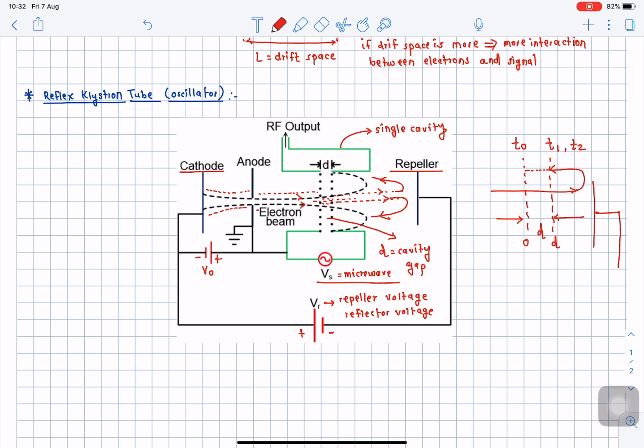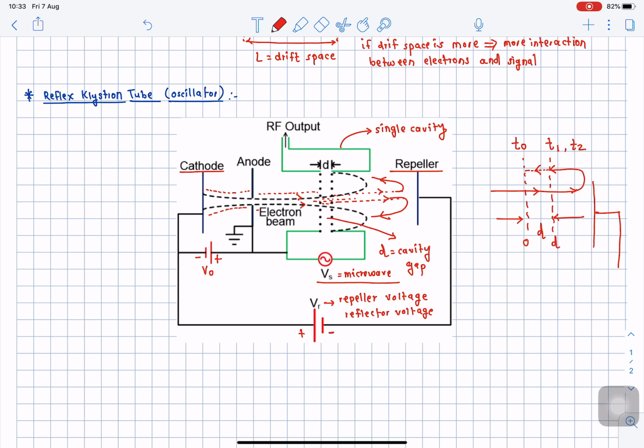So here the forward electrons which are coming in this direction and the repelled electrons which are coming in the opposite direction will start resonating inside this particular cavity. Both the forward going electrons and the reverse coming electrons, repelled back by the repeller, are going to set up a certain oscillation inside this cavity.